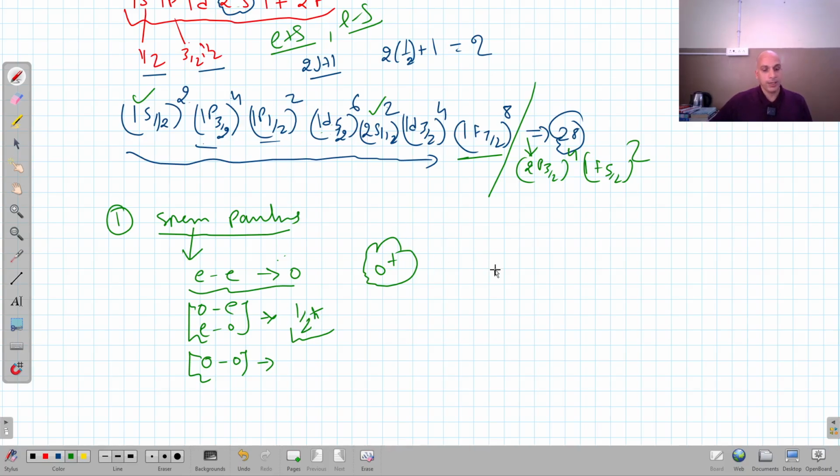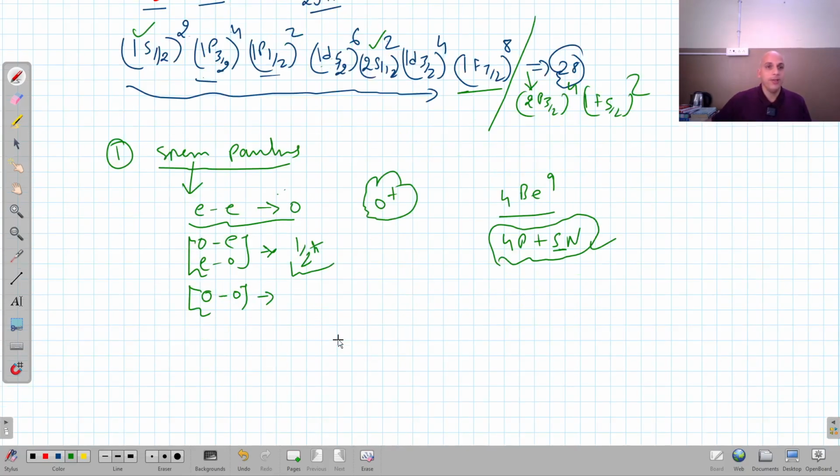For example, let's consider the beryllium 9 case, right? We know very well that it will have 4 protons plus 5 neutrons. Now we know very well that the unpaired one is obviously the neutron, because it is extra here. 5, 4 are paired, fifth is extra. So I have to write down the configuration up to 5. So you can see here it is up to 6.